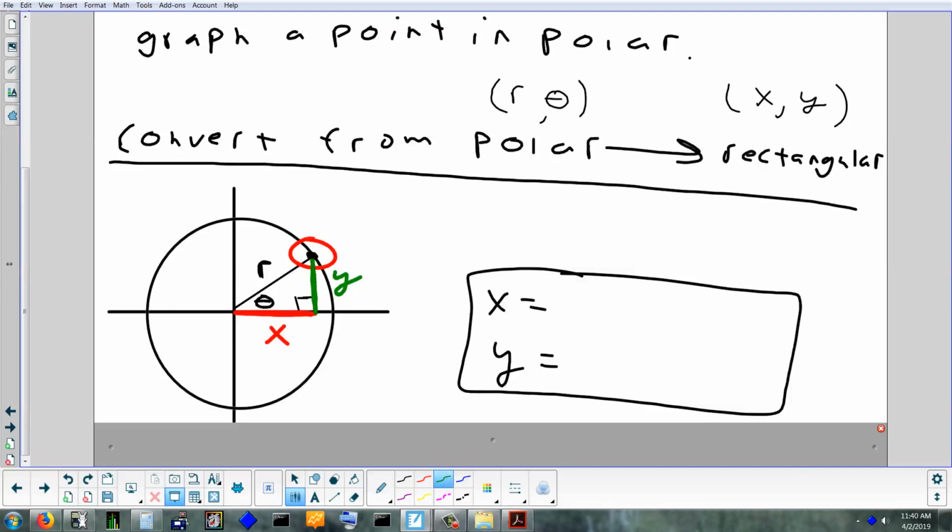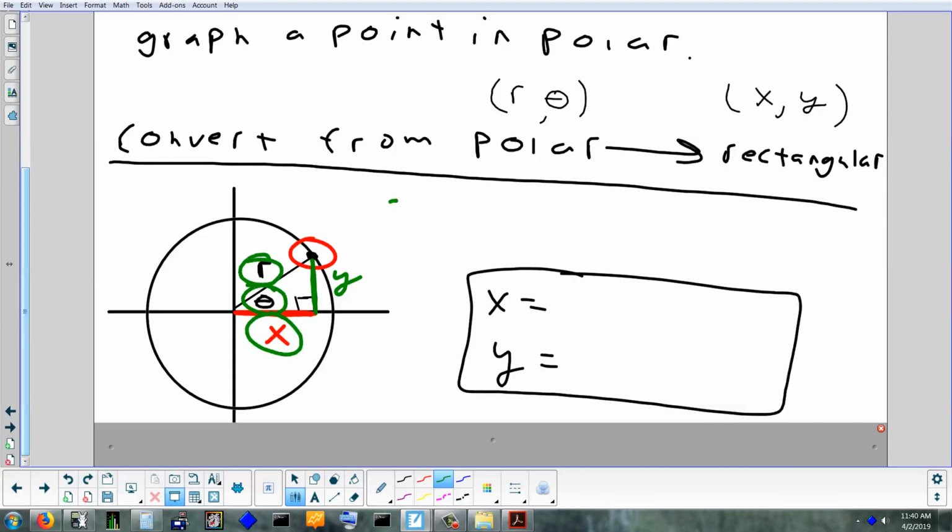And this is going to look like something we did yesterday. It's very similar. So let's start with x. You're going to know r, you're going to know theta, and you want to find x. How could you find how long the bottom side of that triangle is, as long as you know r and theta? Cosine, yeah.